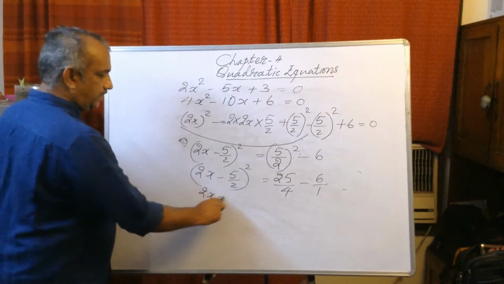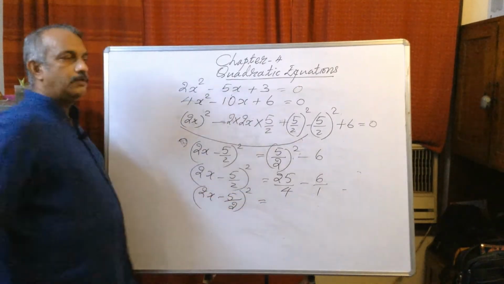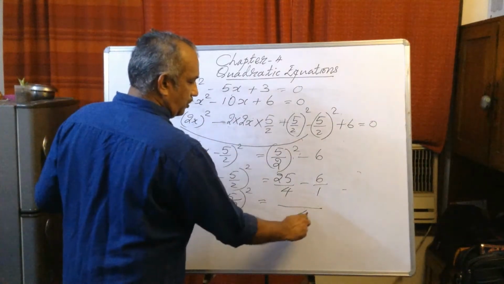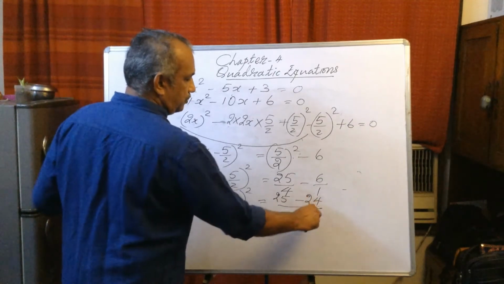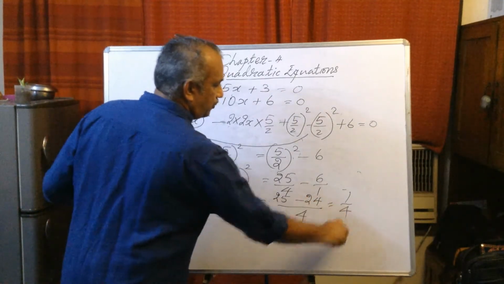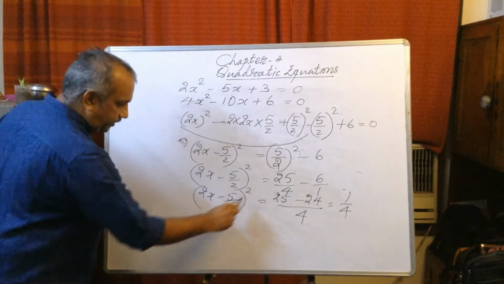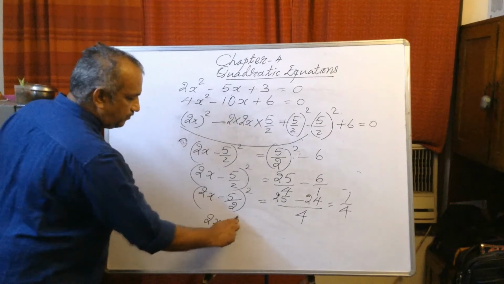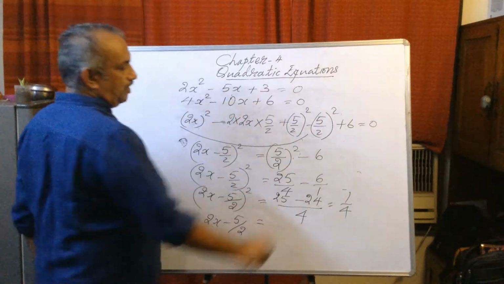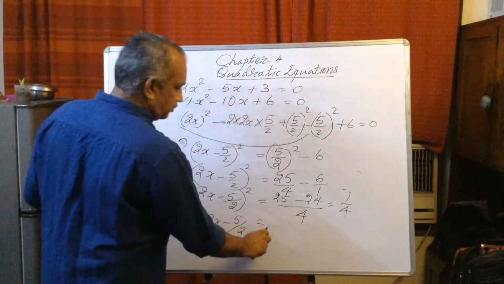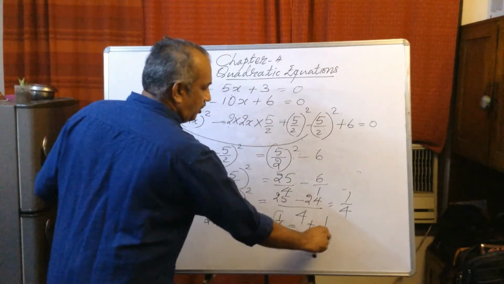So 2x minus 5 by 2 the whole square is equal to, with LCM 4, 25 minus 24, that is equal to 1 upon 4. Now I am removing the square. 2x minus 5 by 2 is equal to the square root of 1 upon 4, which is equal to plus or minus 1 upon 2.